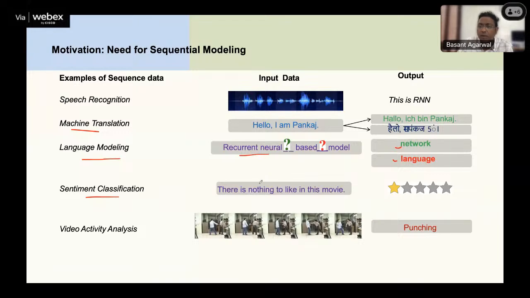In that sense, it will take all the previous information into account in predicting the outcome, and there will also not be a problem of variable length input, because the sentences we see in the real world are of different lengths.